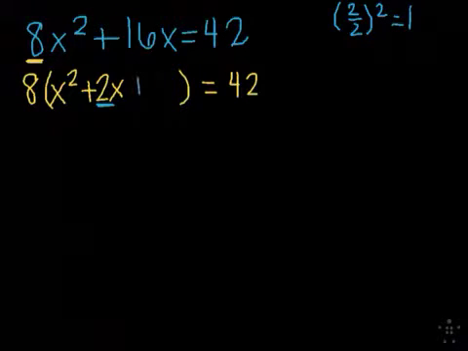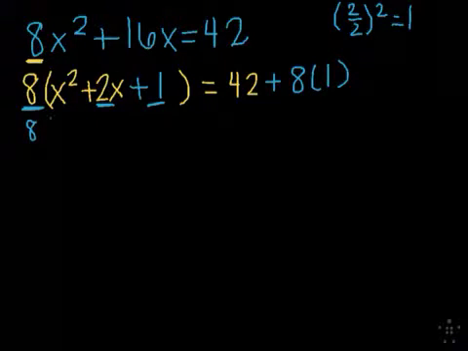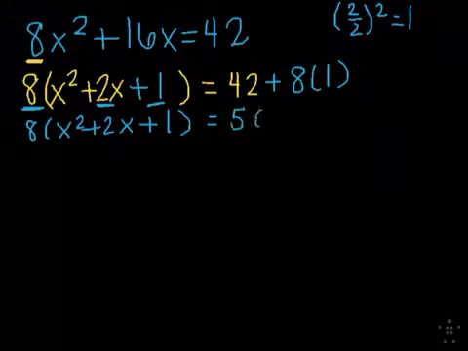So we're going to add in 1 on both sides. Remember, because our a value, we factored out that number, we have to put that on the other side along with this number. So we have 8 times x squared plus 2x plus 1 equals 50.